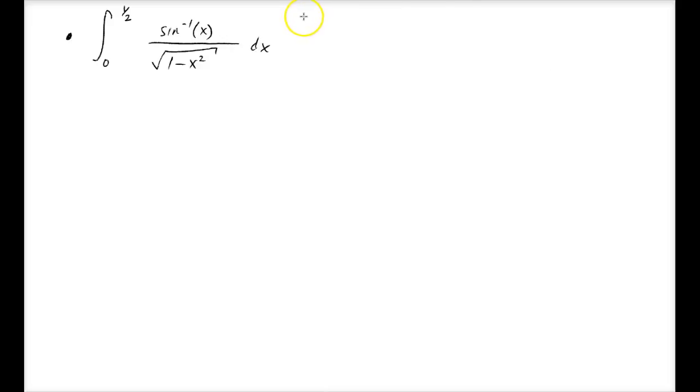So in our substitution here, let's let u equal sine inverse of x. And so that's going to imply that du over dx is going to be 1 over square root of 1 minus x squared.